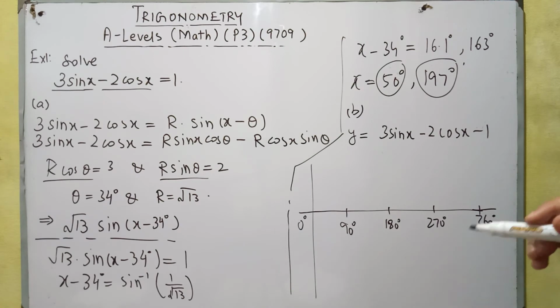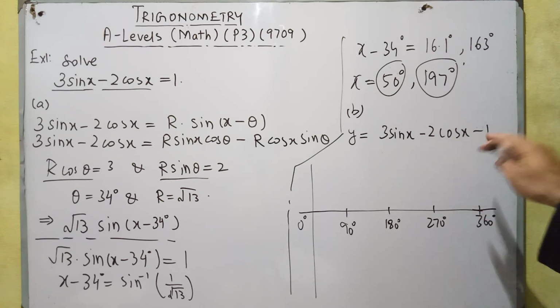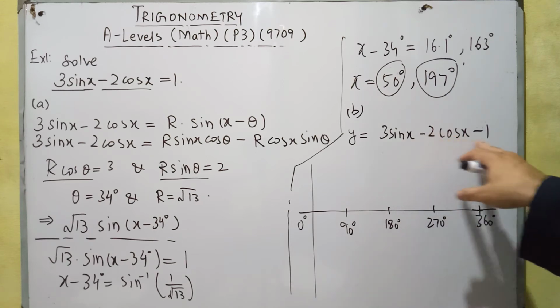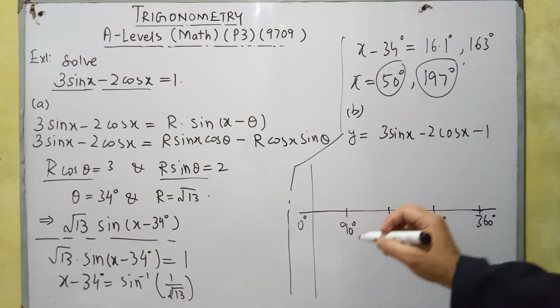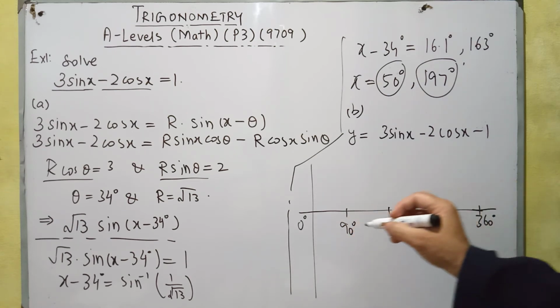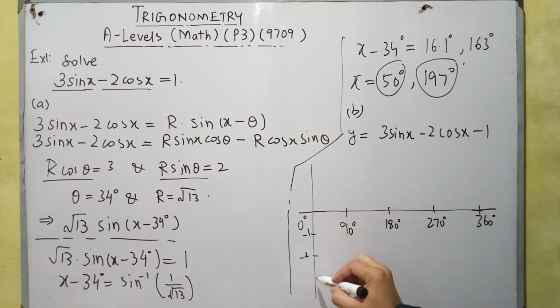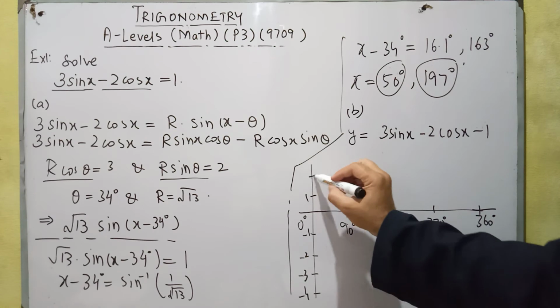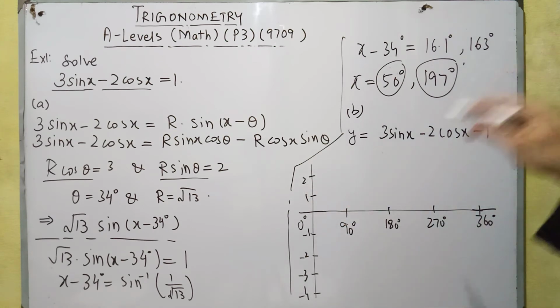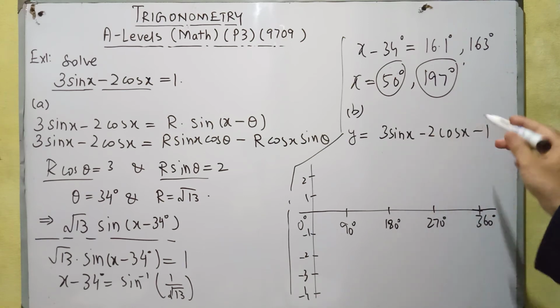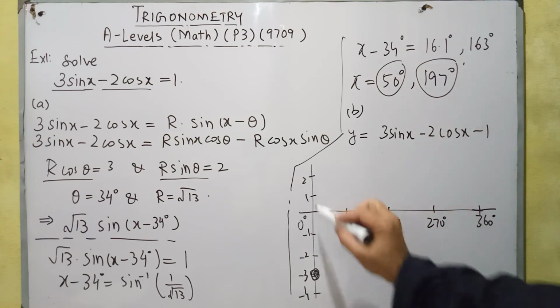If we substitute 0 in this equation, we know that sine 0 is 0, cos 0 is 1, so minus 2, minus 1, we will have y equal to minus 3 at x equal to 0.